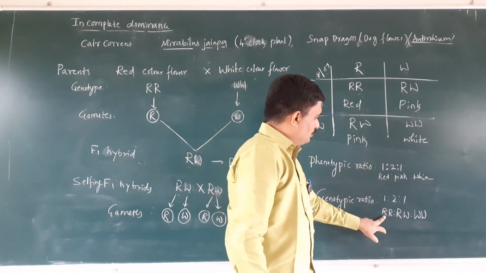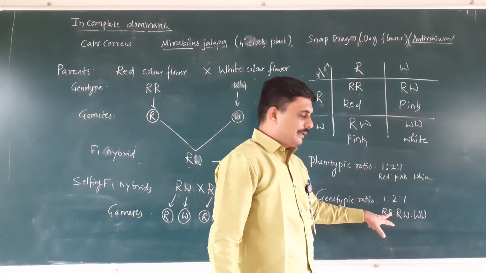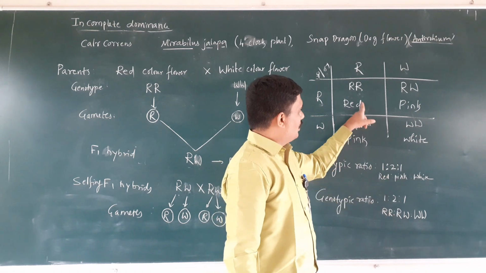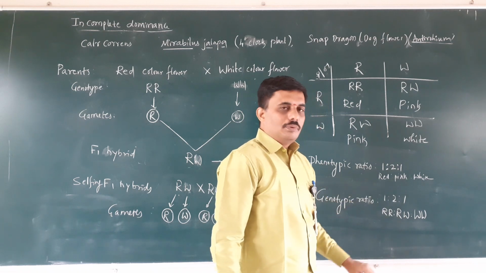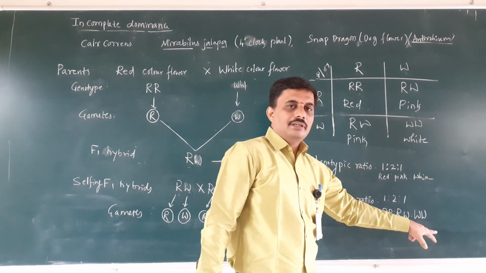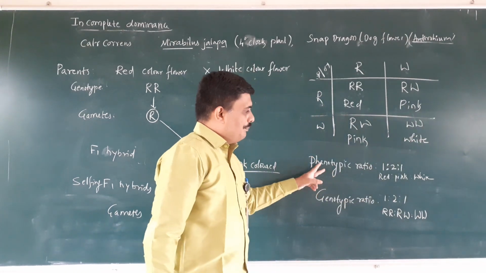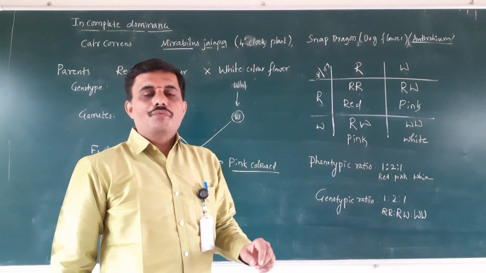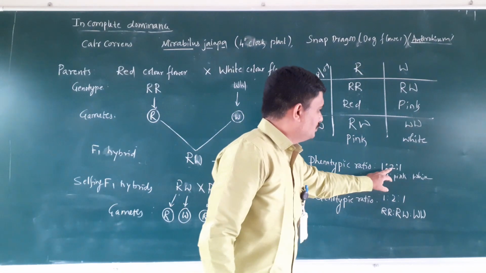Only one offspring has the RR genotype, two offspring have the RW genotype, and only one has the WW genotype. So the phenotypic ratio and the genotypic ratio of incomplete dominance are the same, 1:2:1.